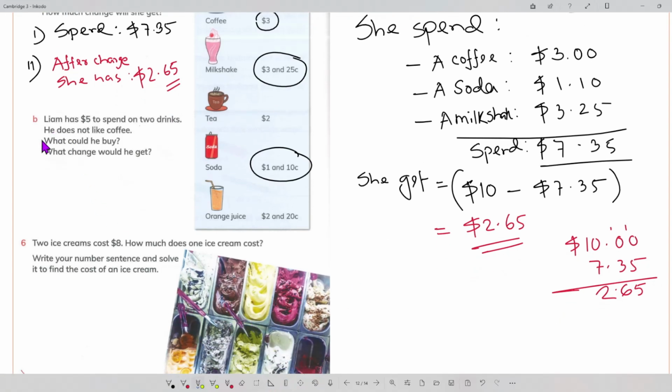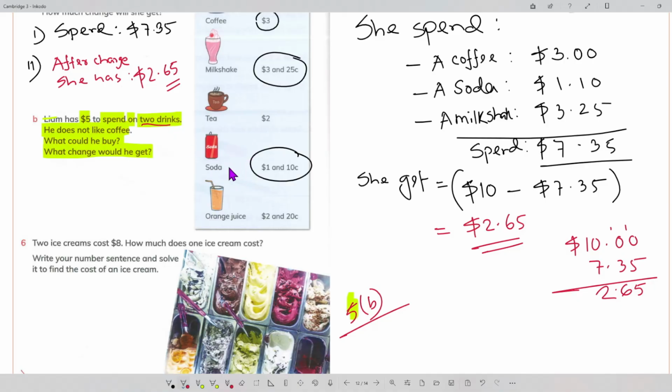5B. Liam has $5 to spend on 2 drinks. He does not like coffee. What could he buy? What change would he get? So 2 drinks.